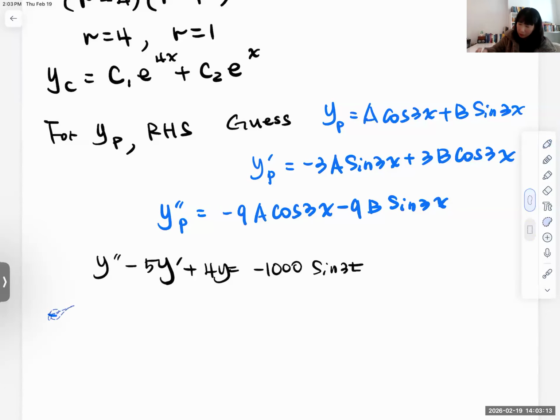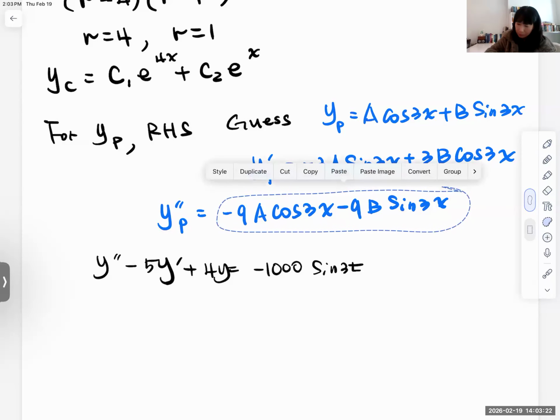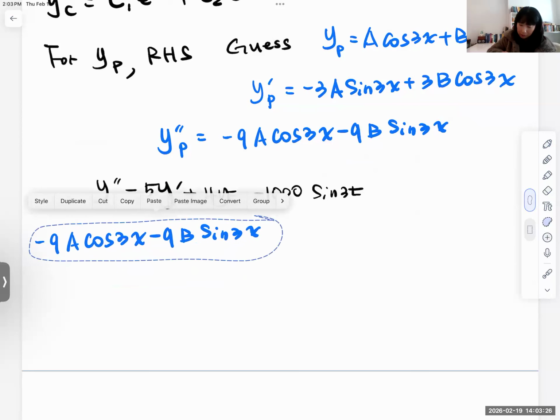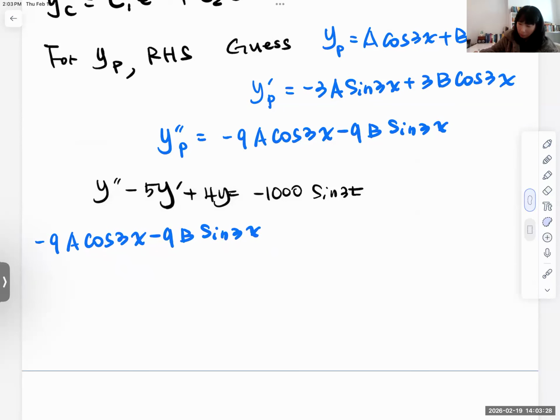Let me just copy. I want to make a parenthesis. No parenthesis. It's up to you. So 5 y prime.